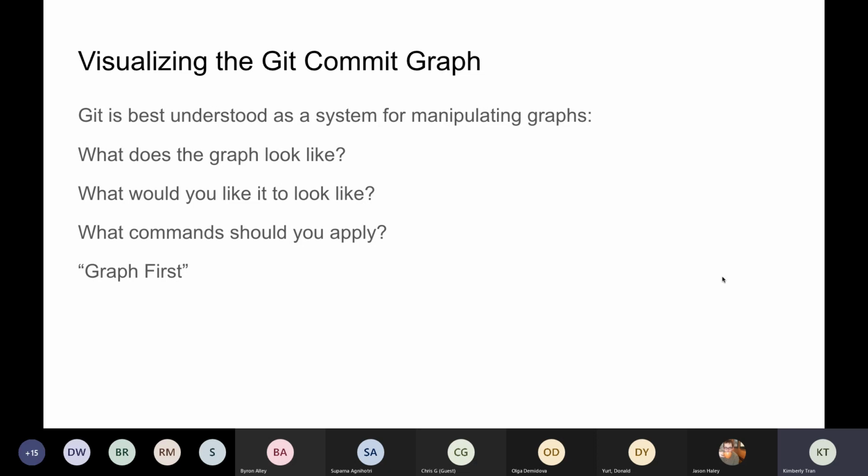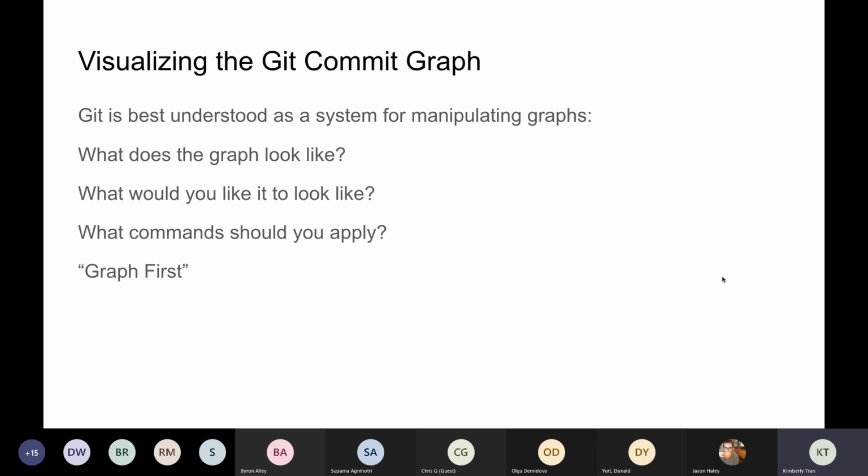And then what do you want your graph to morph into? What do you want your graph to look like? And then what are the commands you should apply to get between those two graphs? So that's why I'm calling this the graph-first approach. You approach Git not from the command basis or the state of your code, but from the native elements of Git itself, which are the commits.